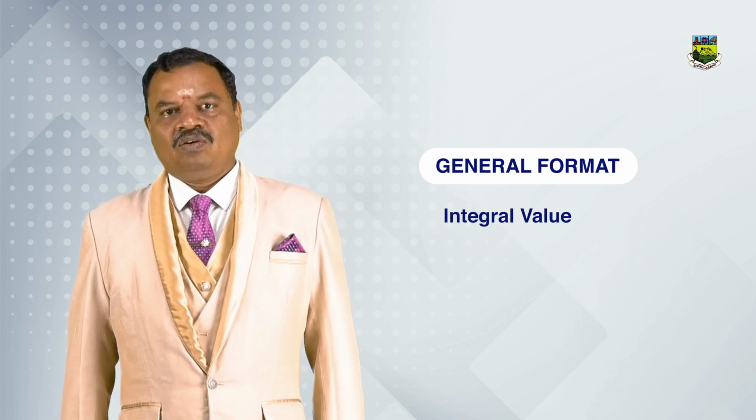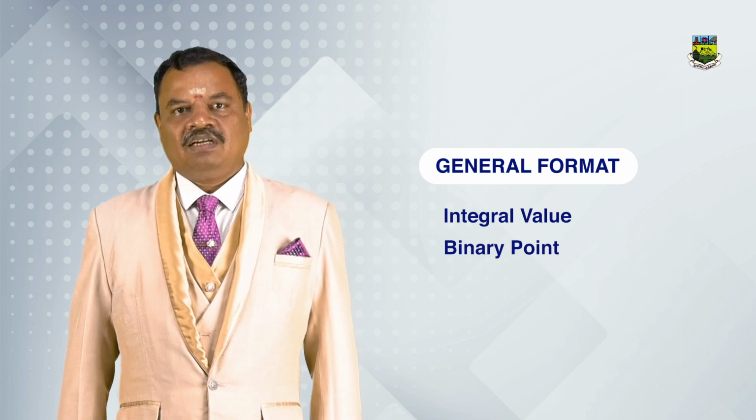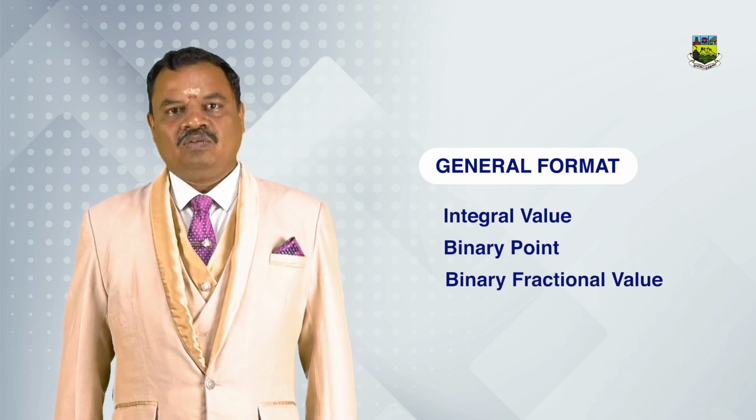Generally, 0 is written as 0 with a cross inside, that is the value zero, which should be distinct from the character O. So for writing a binary number, we write 0 with a cross within it, which represents binary 0. The general format contains an integral value, a binary point and a binary fractional value. Since this contains two different symbols, the base or radix of the system is 2.